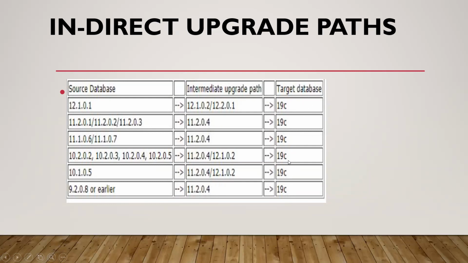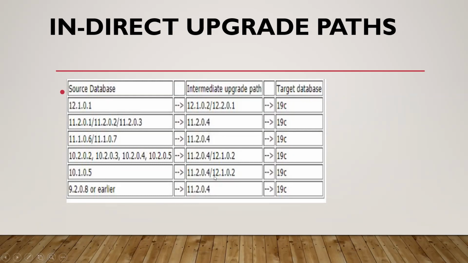It is a somewhat complicated, time-taking process also. These are not standard versions as part of the releases. If you are using any one of these database versions, you have to go for these intermediate database versions, and from there you need to go to 19. These we call indirect upgrade paths.